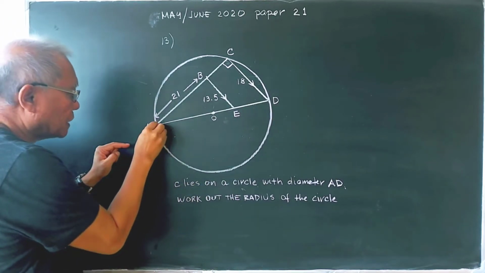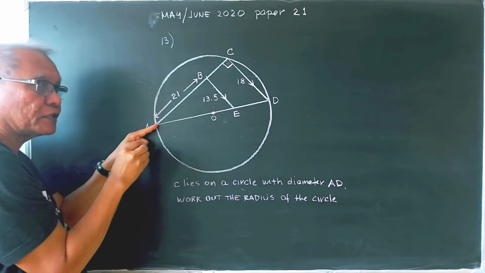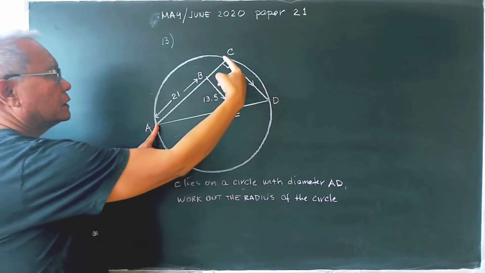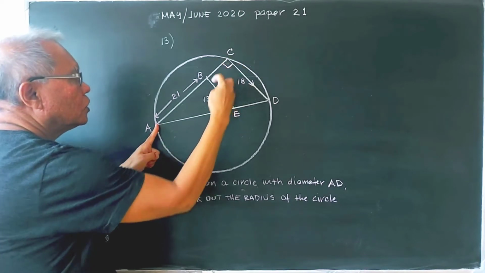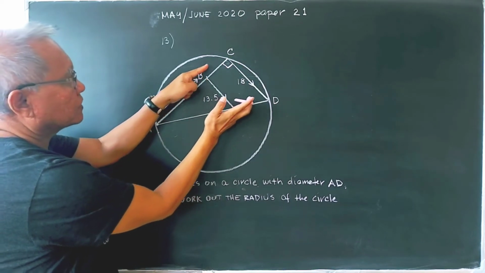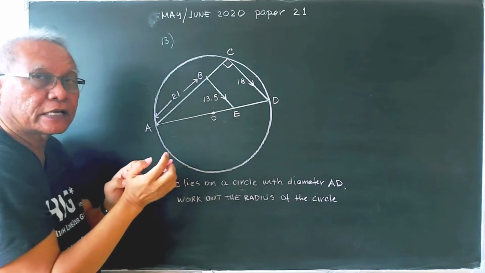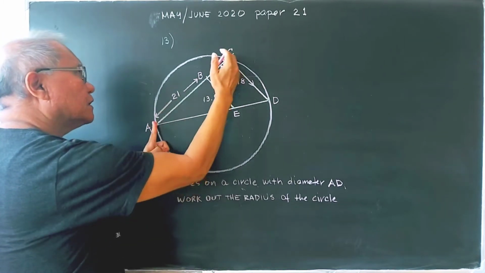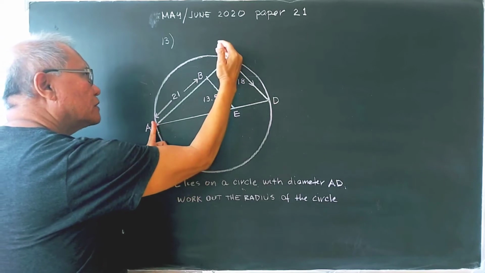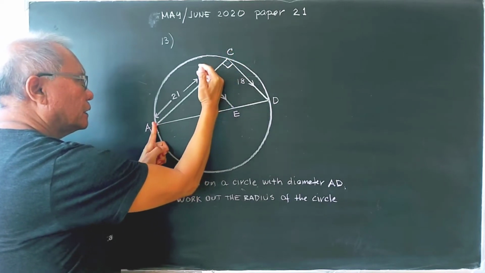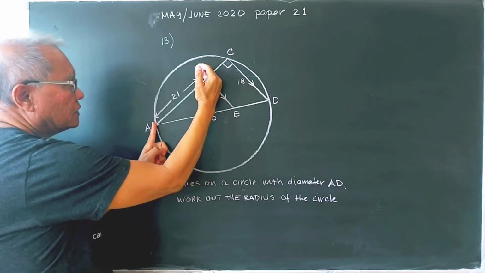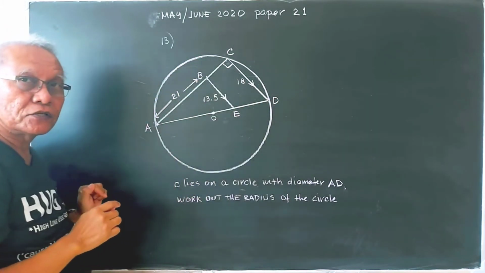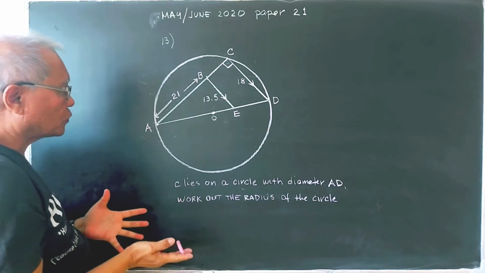This is our point of reference: short divided by long, the shorter side over the longer side. So we have that proportion.